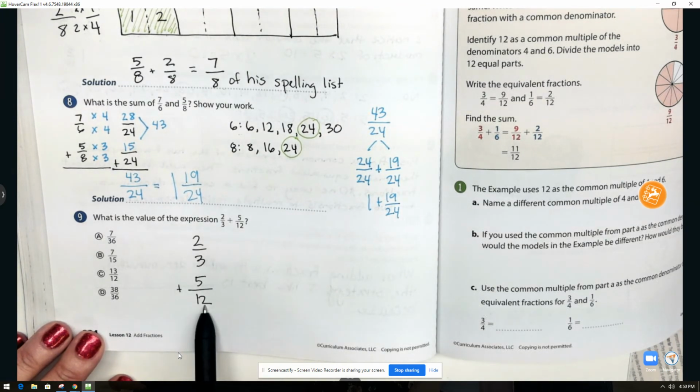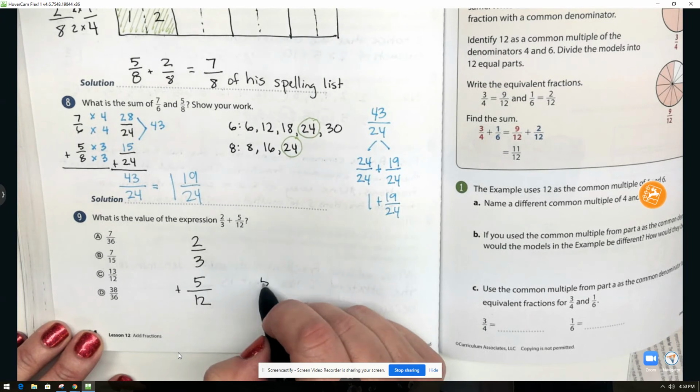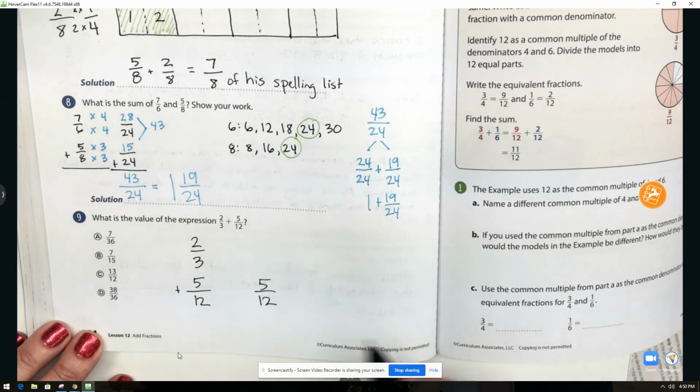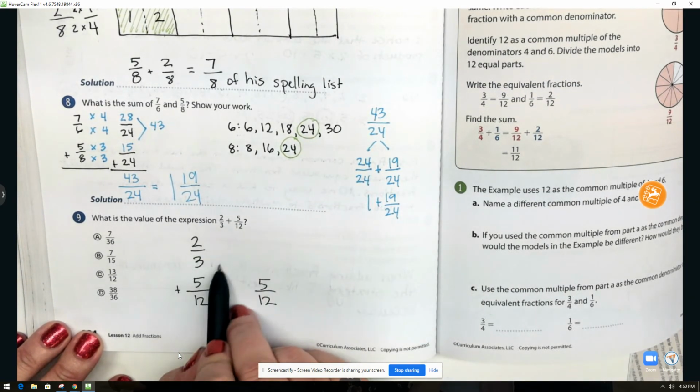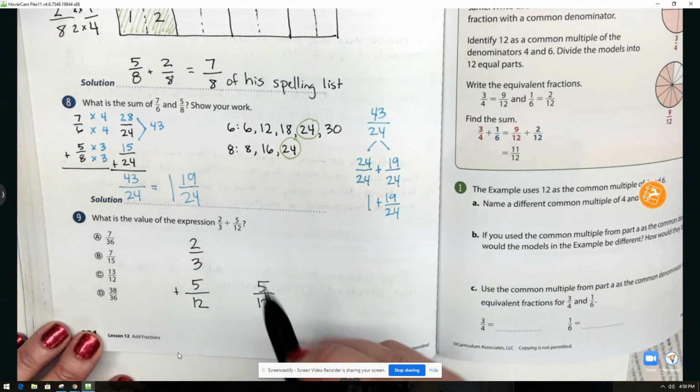And in this case, it is, because we know that 3 times 4 is 12. So therefore, we don't need to change 5/12 because 5/12 can stay the same. We just need to change 2/3 into an equivalent fraction so that we can add the two fractions.